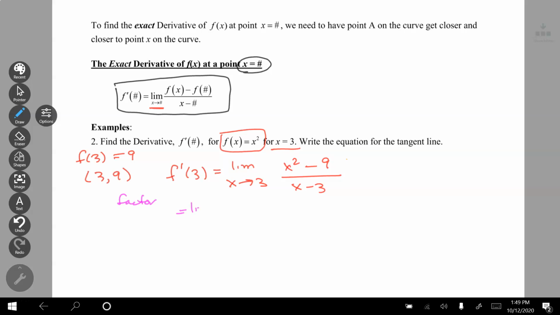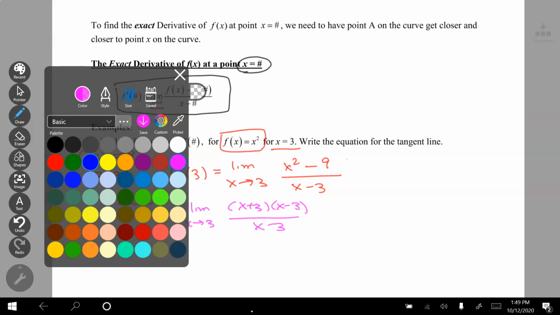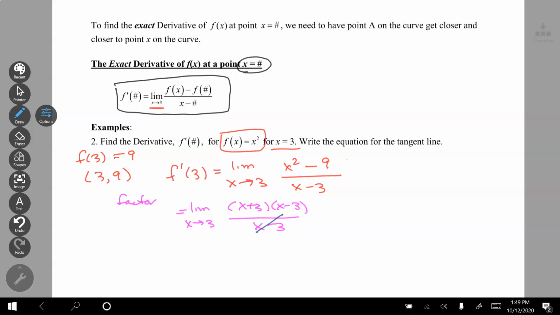And when I do that, I still have my limit as x approaches 3 of x plus 3 over x minus 3 over x minus 3. And I realize that these cancel, and I have the limit as x goes to 3 of x plus 3, and now I can plug in this number 3. I get 6, so I have f prime of 3 is equal to 6.